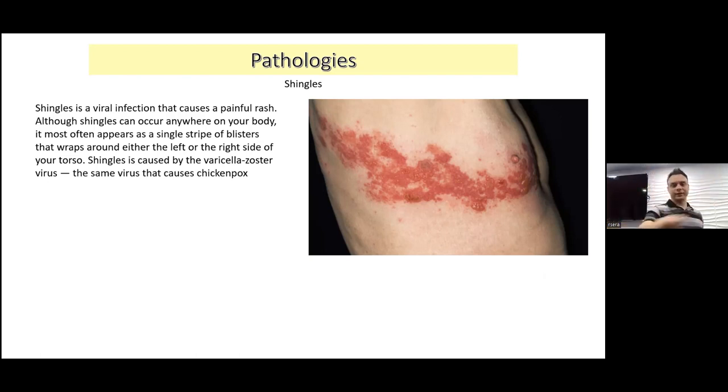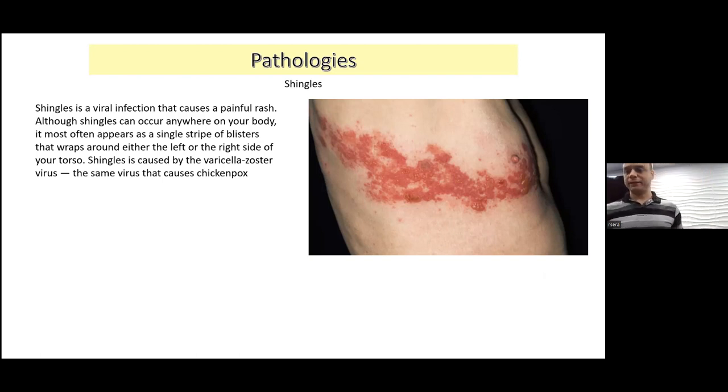That's why you see, like in this picture, it goes along the ribs, because the nerves come out from the spine like this. They follow the nerve pathway and it causes kind of a lightning scar kind of thing, with blisters and inflamed skin.